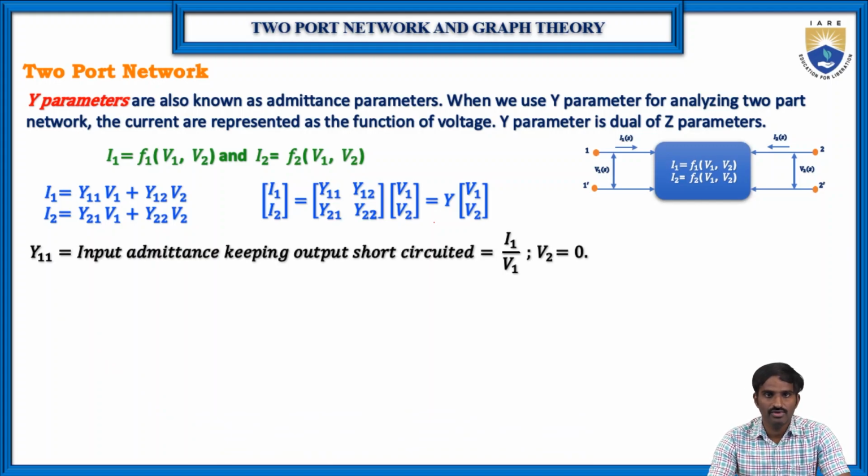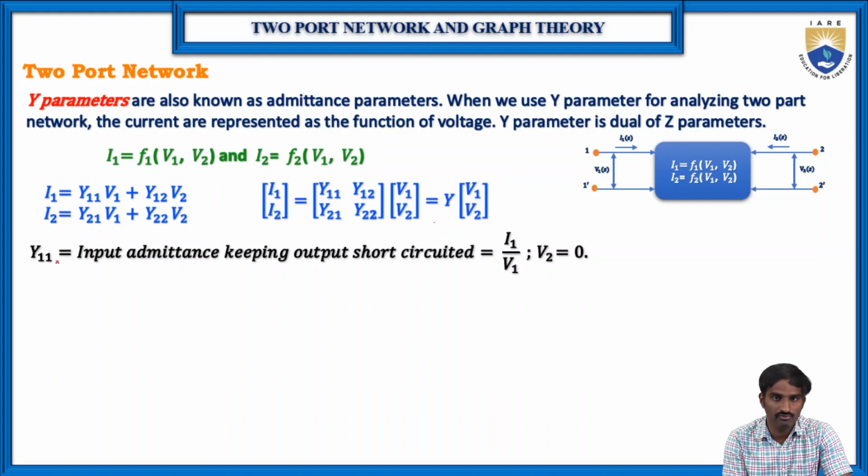First, to find Y11, just the opposite of Z11. Before, Z11 was V1 by I1; now it is I1 by V1. As I told you, these parameters are also called short circuit parameters.